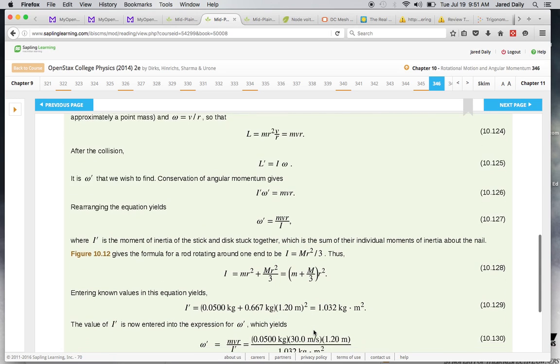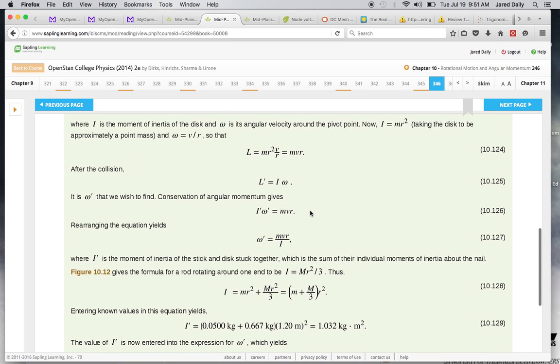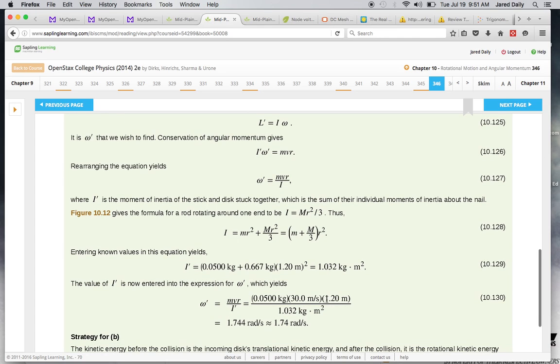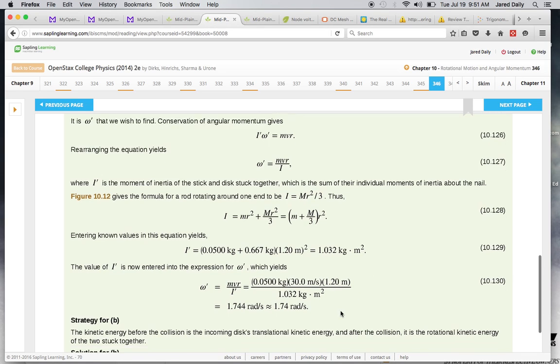So you have a combined I of both of them, and the initial angular momentum, which is up here, mvr, has to equal the final angular momentum, which is m plus big M over 3 times r squared times that's my I, and that has to be multiplied by omega of the entire system, which is the thing we're going to solve for, the omega prime. So we end up solving for that here, plugging in all the numbers we have, and we get a final angular velocity for that.